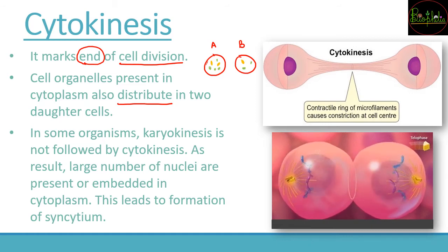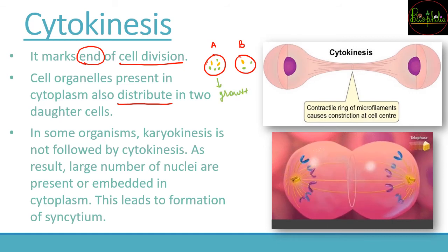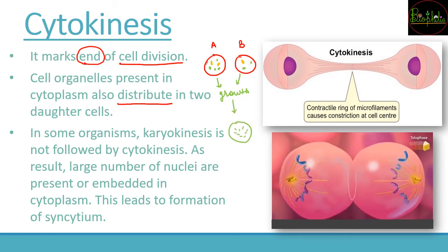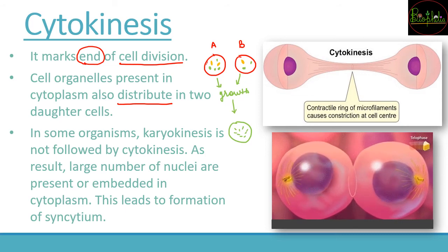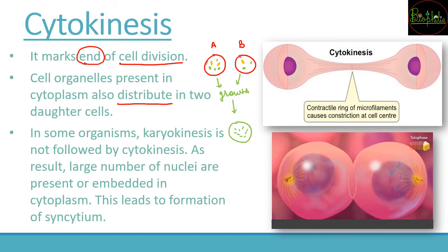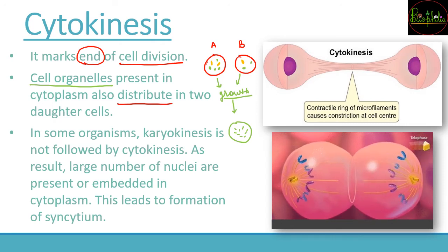But whatever is going to happen, these will be replenishing themselves as these cells are going to undergo growth. ग्रोथ होगी तो ये दोनों के दोनों कैसे हो जाएंगे, they will be looking exactly the same, having everything as their parent plant. सो जो भी इधर उधर होगा in the case of number of organelles को manage किया जाएगा once in the growth phase that is going to be occurring in the new daughter cells.